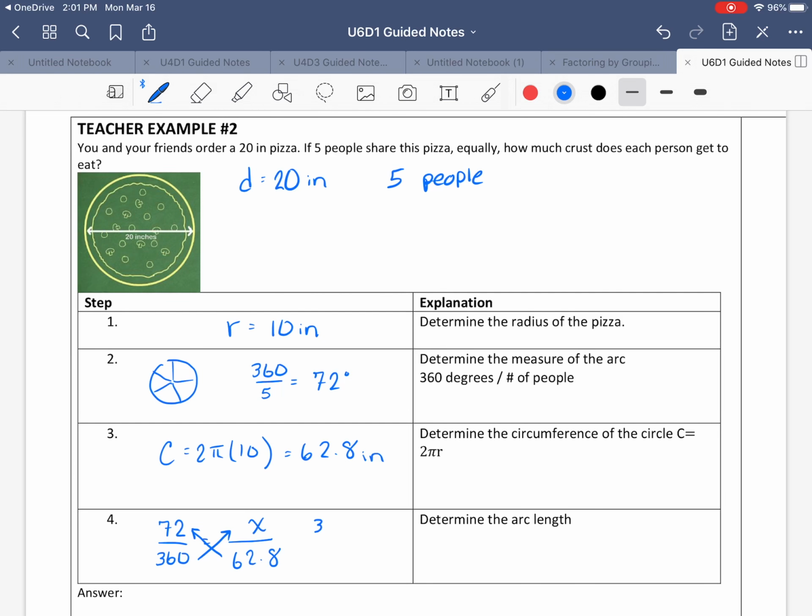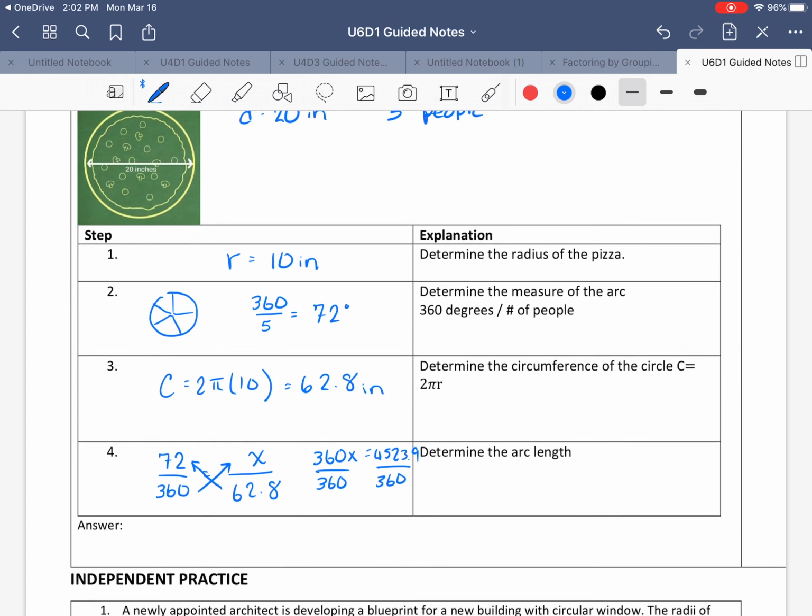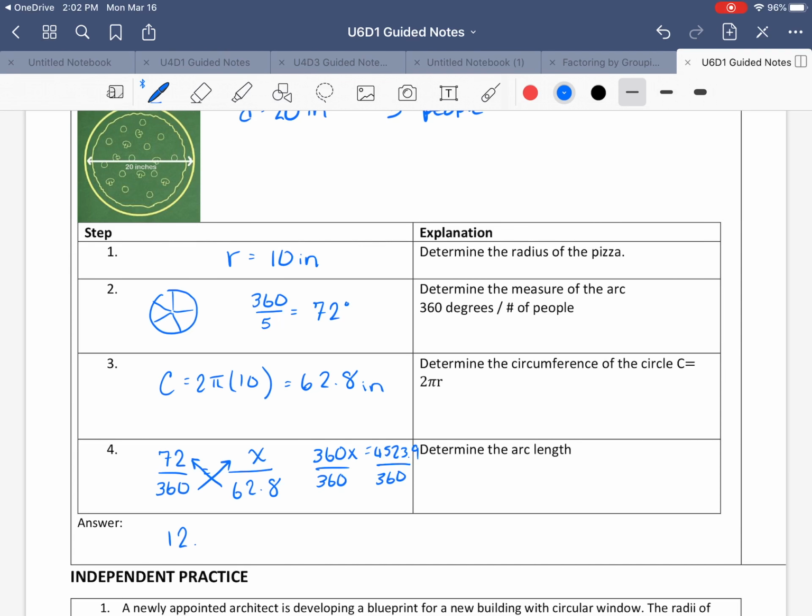And then we cross multiply. 360x equals 4,523.9. And we're going to divide both sides by 360. And we end up with 12.57 inches of crust.